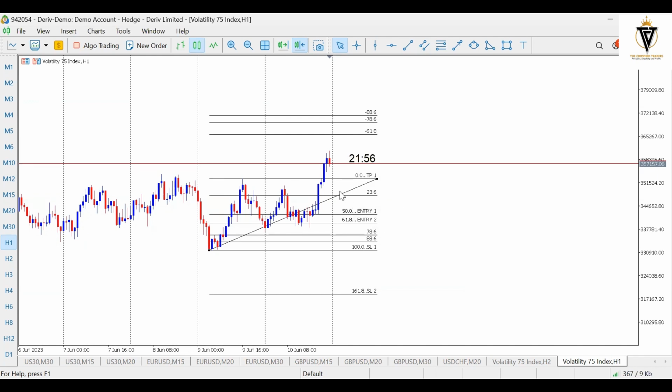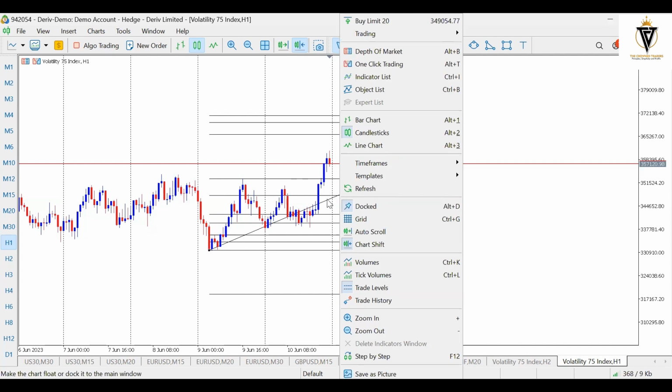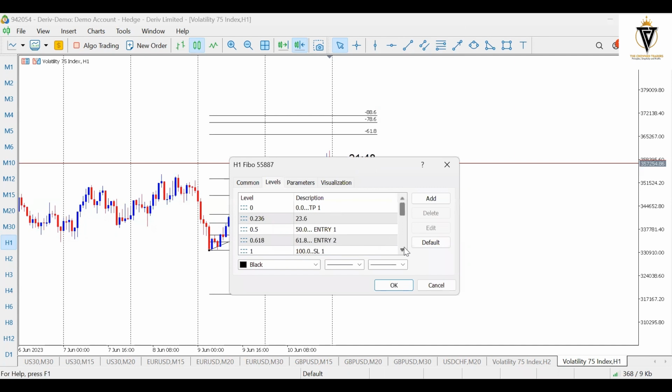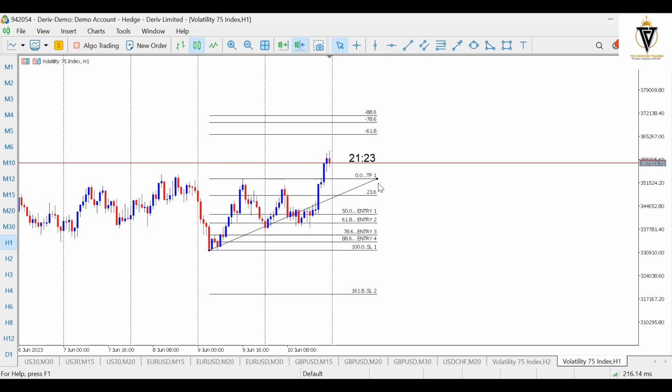So we have entry 1, 2, 3. You can make your entries up to 4 entries. Those 2 levels that you added that are not in the default settings, this can be your entry 3, and then entry 4. So 0 can be your TP1.